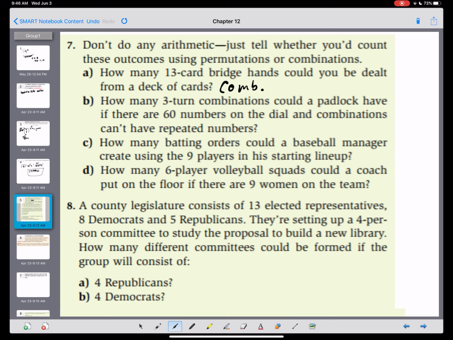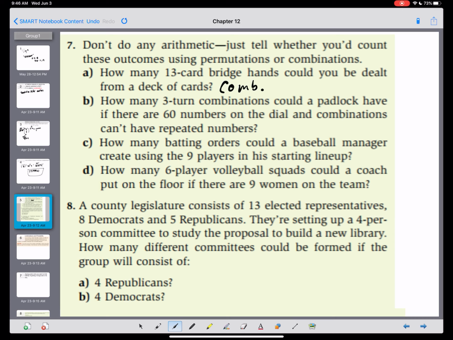If you're playing poker and you get 2 pairs, it doesn't really matter whether a pair of kings or a pair of aces comes first. At the end of the day, you have 2 pairs. So by the same logic, when you're picking cards in general, unless it specifically says so, order doesn't matter.